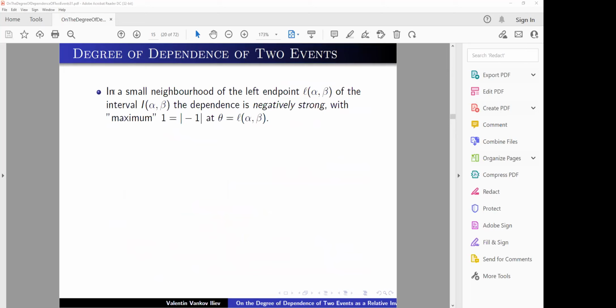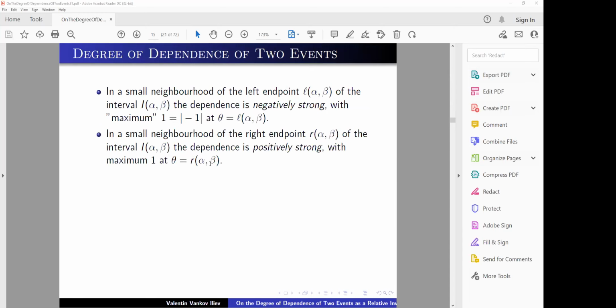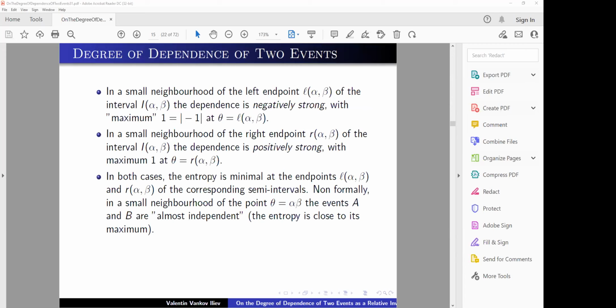And some non-formal remarks: in a small neighborhood of the left hand point of the interval I alpha beta, the dependence is negatively strong. This means it is with maximum 1, this is at theta, which is L alpha beta. And in a small neighborhood of the other point, it is positively strong with maximum 1 at the right hand point. So in both cases, the entropy is minimal.